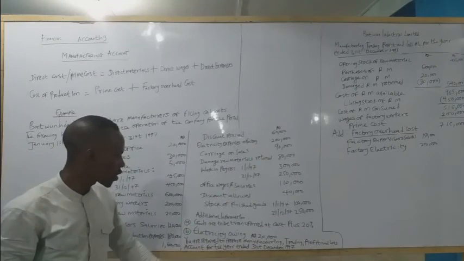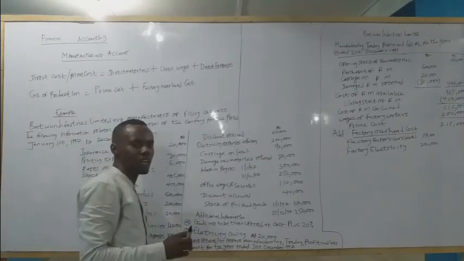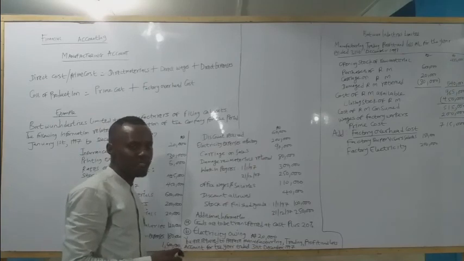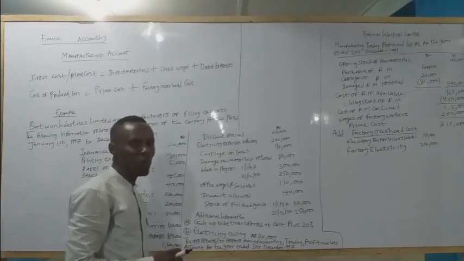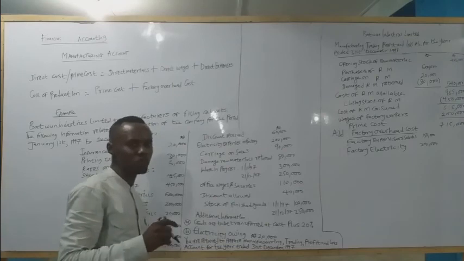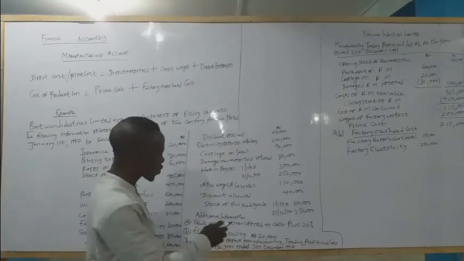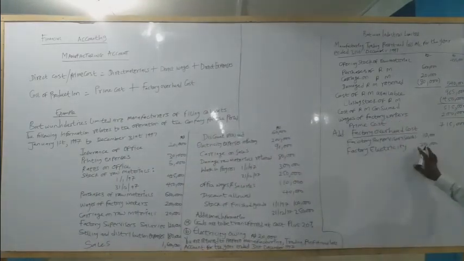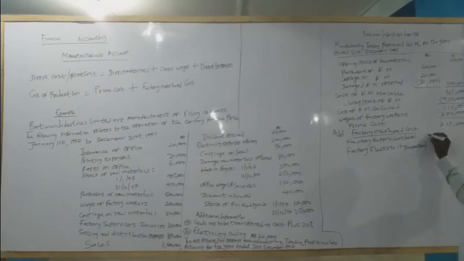Since it is owing, our concept says that all expenses accrued in a year must be recorded, whether cash has been received or not. So that is why we are going to add this 20,000 to this amount here, 200,000 plus 20,000. So the total then is 220,000.